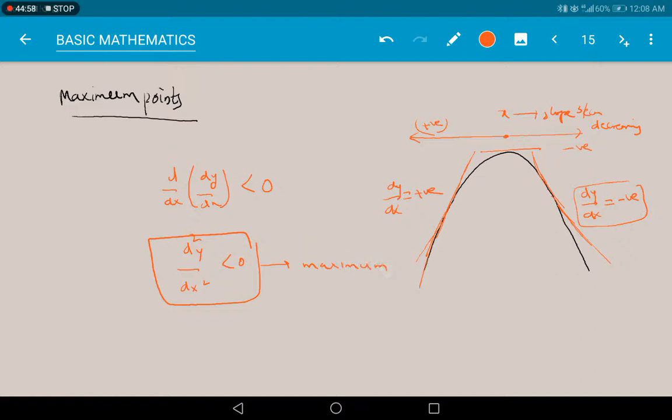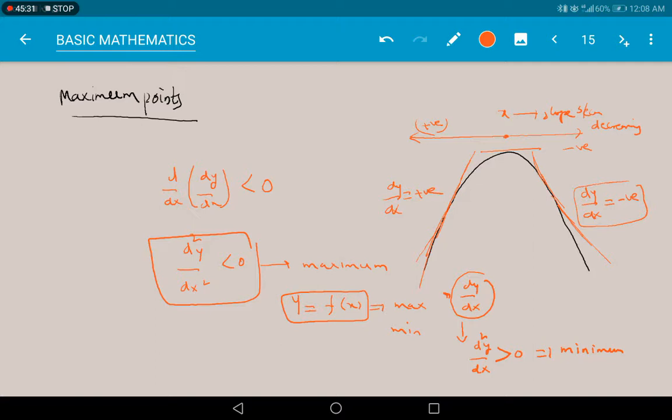So simply, if a function y is given in terms of x, to find its maximum value and minimum value, first we should find its first derivative, dy by dx. Then we can find out the second derivative of the function. If the second derivative is greater than 0, then the function is minimum.